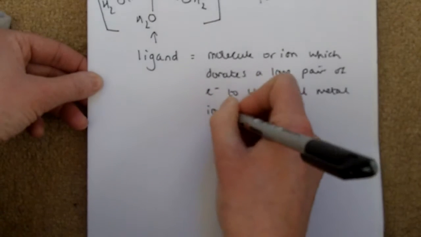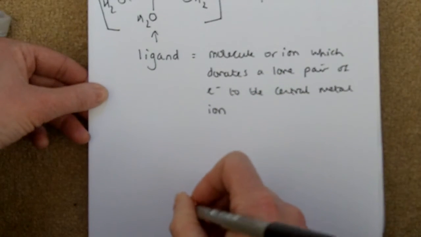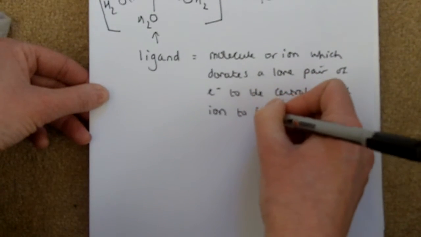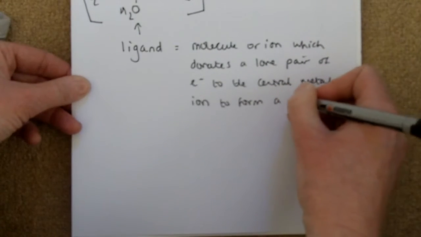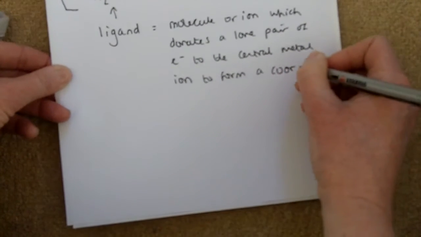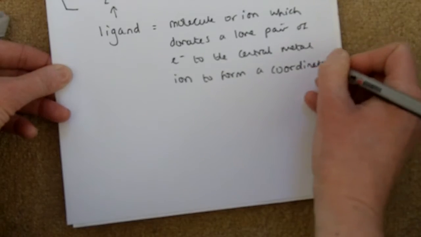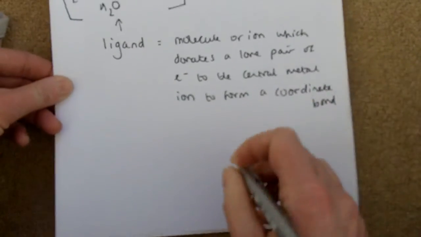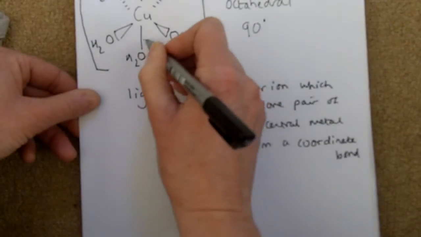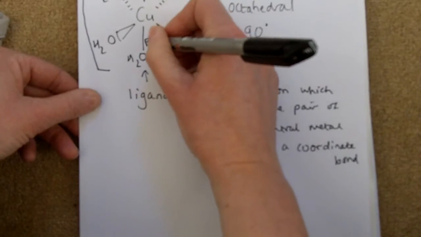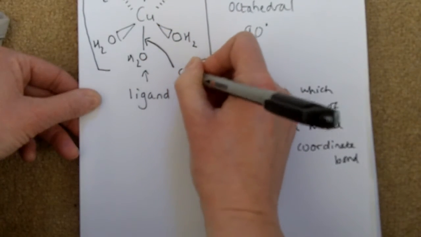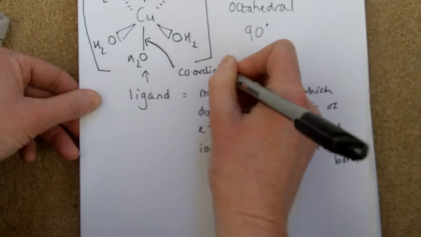And this is something that transition elements do to form a coordinate bond. Okay, so that bond there is called a coordinate bond.